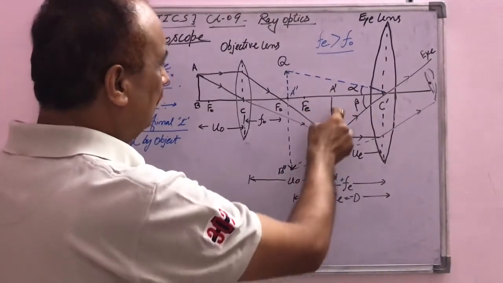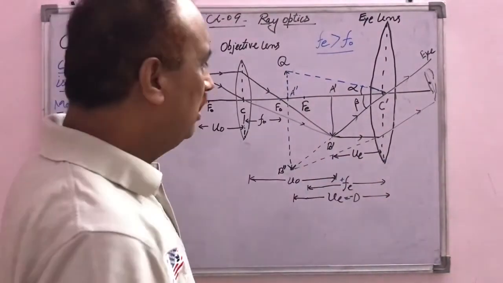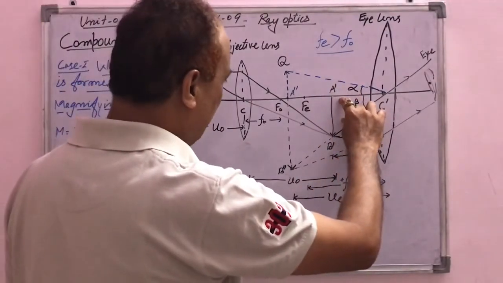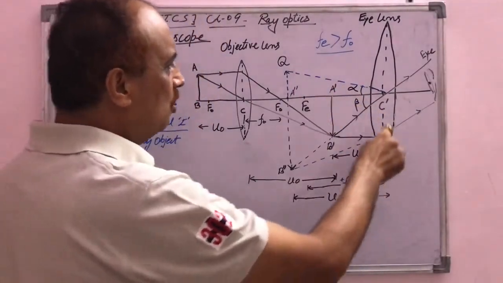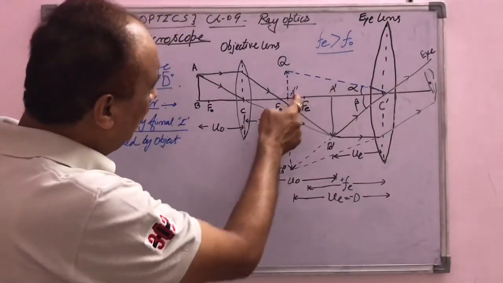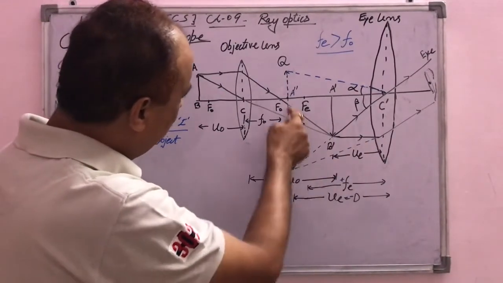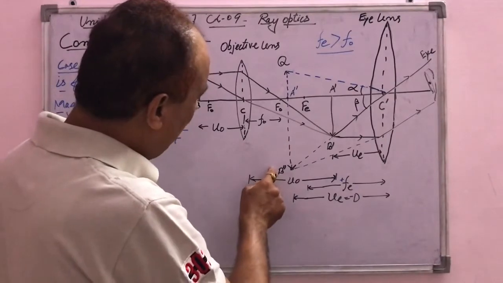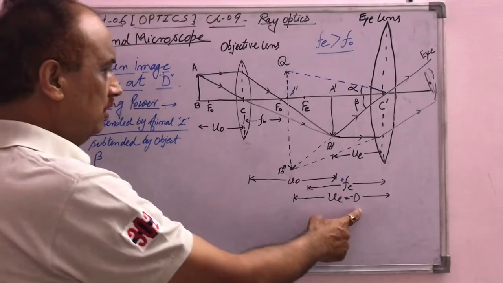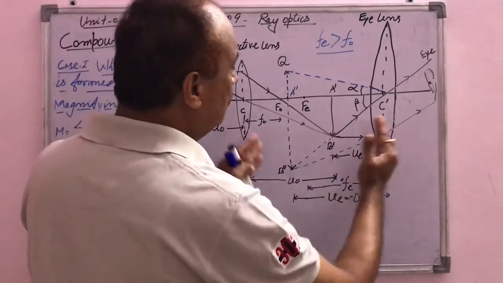That A dash B dash image is a real, inverted and magnified image of the object AB. Now this A dash B dash image acts as an object for the eye lens, and the final image is formed when we produce these rays in the backward direction. So the image is formed at VE equal to D, the least distance of distinct vision, after adjusting the distance between the objective lens and the eye lens.